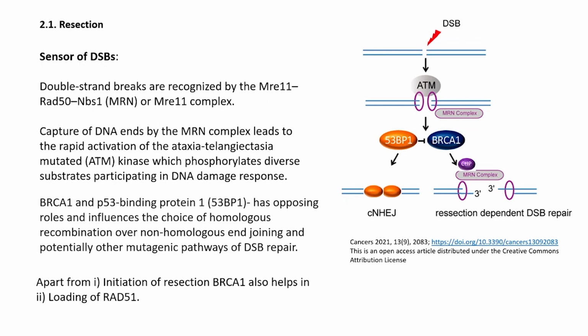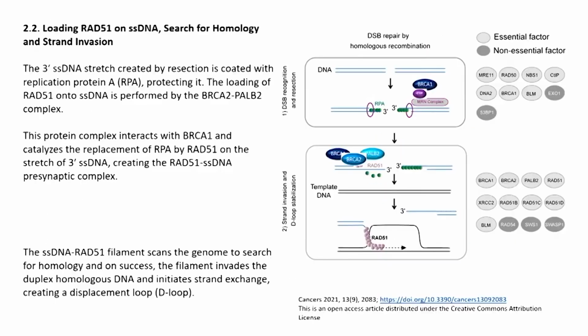So, in eukaryotic DSB repair, the involvement of BRCA1 and 53BP1 is very important in the decision making whether it will go the HR pathway or another repair pathway. Apart from initiating the resection, BRCA1 also helps in the loading of RAD51.